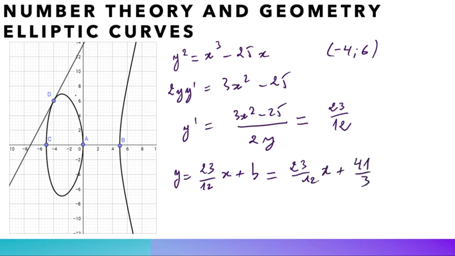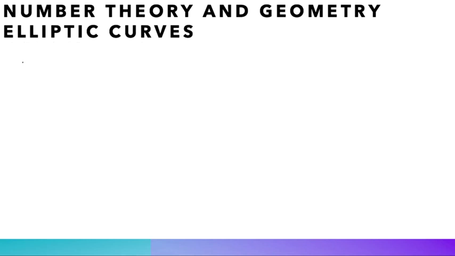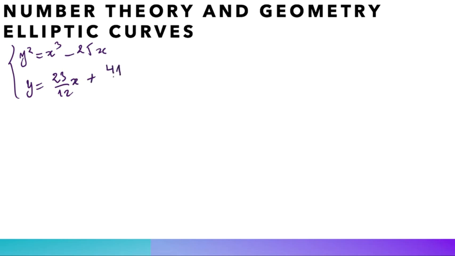Let me remind you that the tangent line is a line passing through D and the curve twice, which means that this line must intersect our curve in a third rational point. Let me write things down again. We would like to solve the system of equations y squared equals x cubed minus 25x and y equals (23 divided by 12)x plus 41 divided by 3.